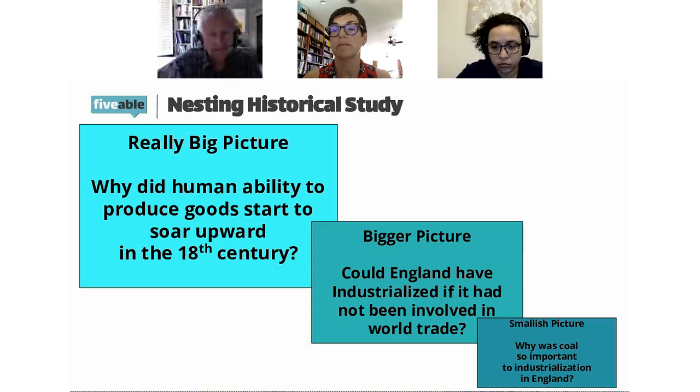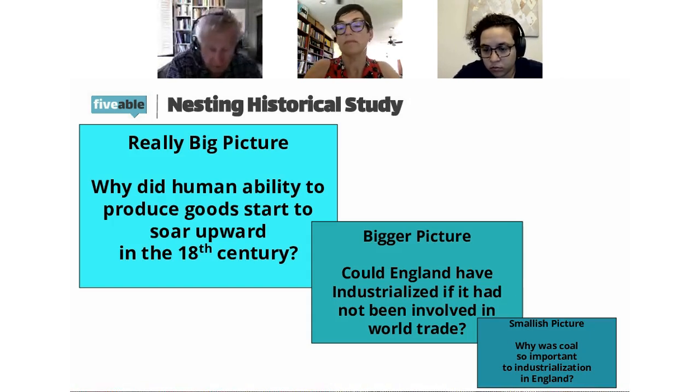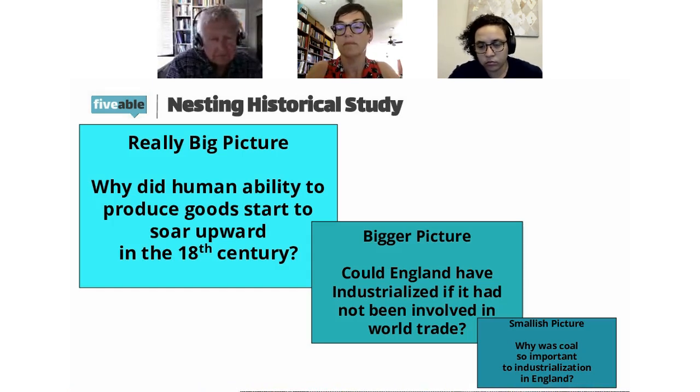So, for example, here, a smallest picture, and we can call them big pictures, small pictures: why was coal so important to industrialization in England? Well, that's a pretty conventional question for anyone teaching a world history course, and you probably ask it.